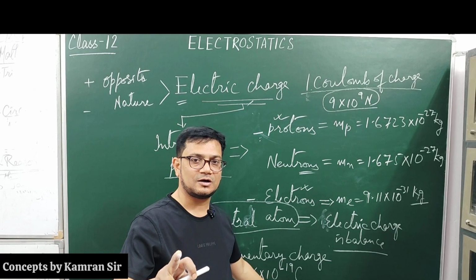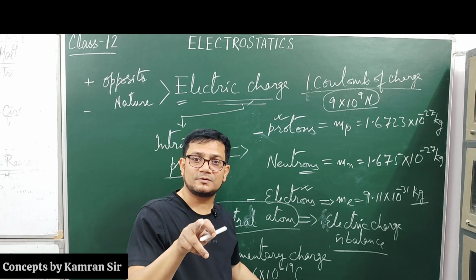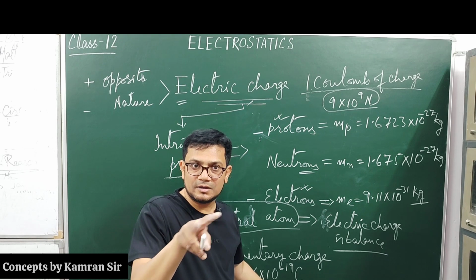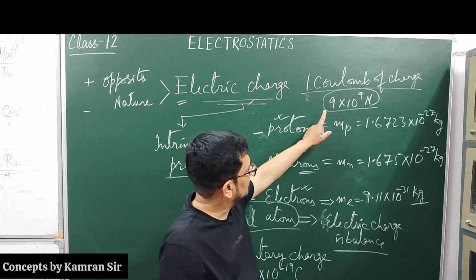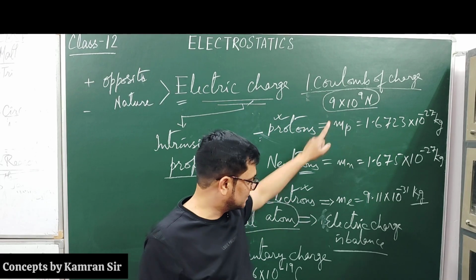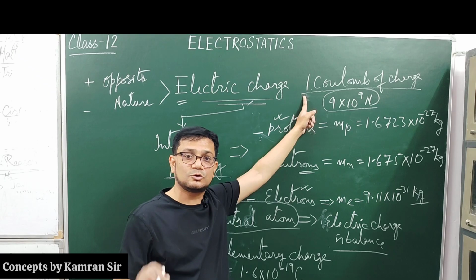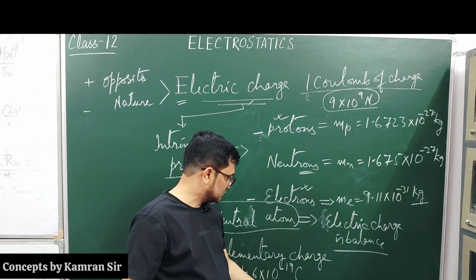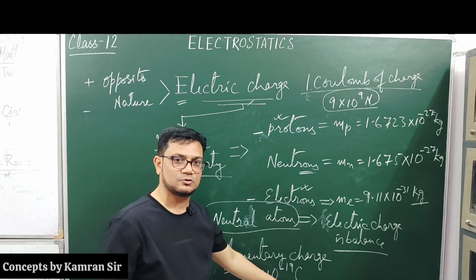So 1 coulomb of charge is that amount of charge, 1 C. So the elementary charge is 1.6 times 10 raised to the power minus 19 times 1 coulomb.